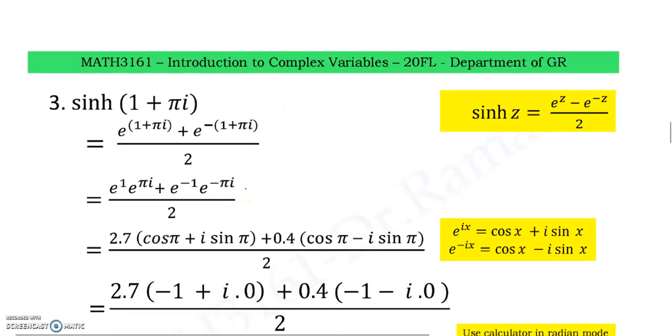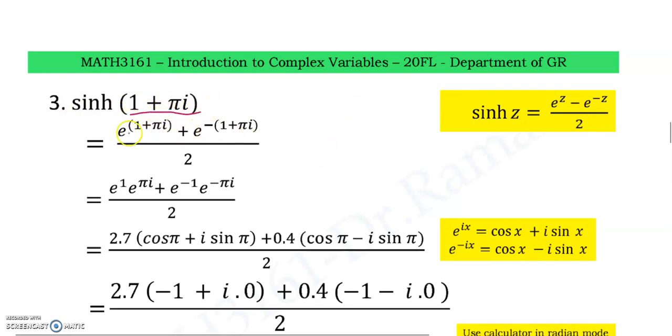That's it. Now you see question number 3, sinh of 1 plus pi i. Here we know the rule for the hyperbolic sine, that is sinh z is e power z minus e power minus z over 2. So here you take z as 1 plus pi i and replace it here.